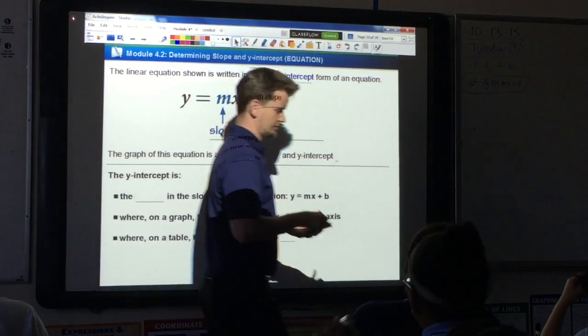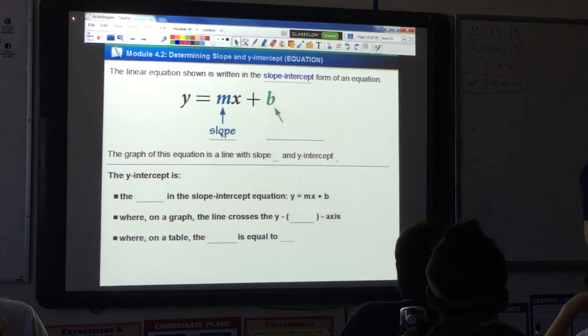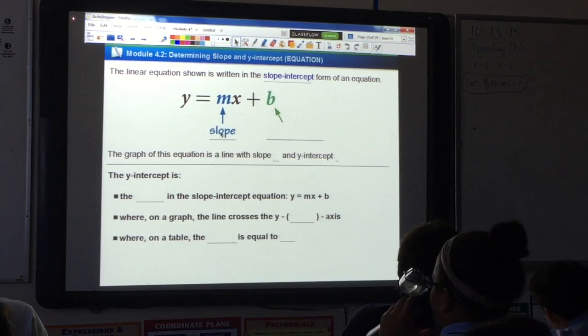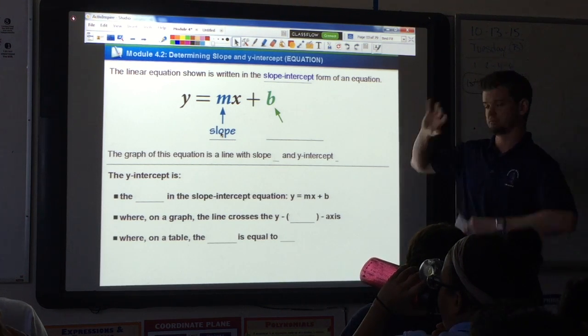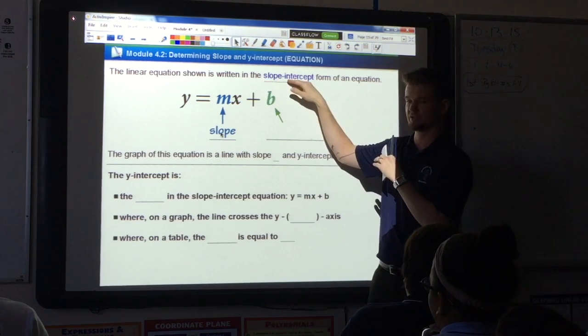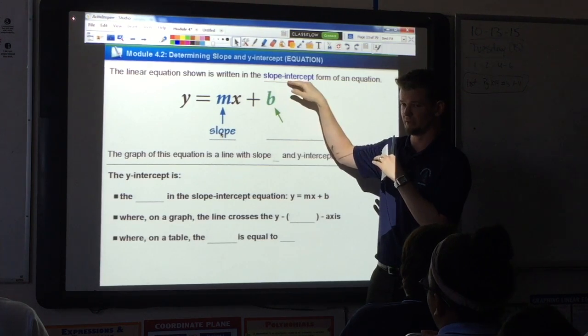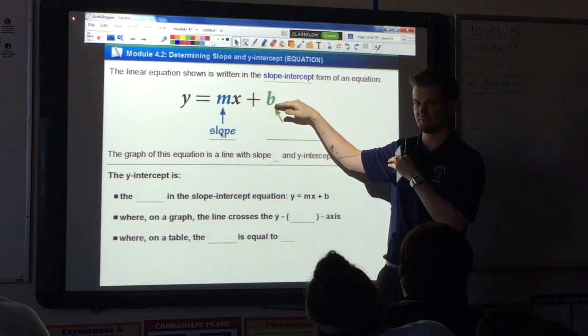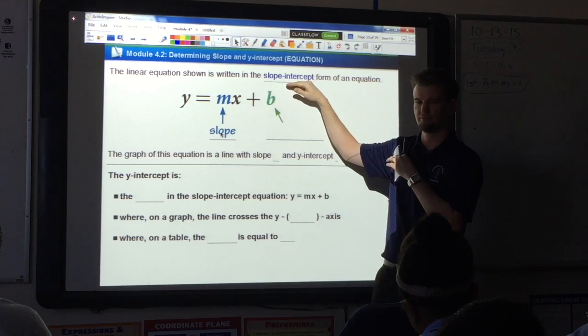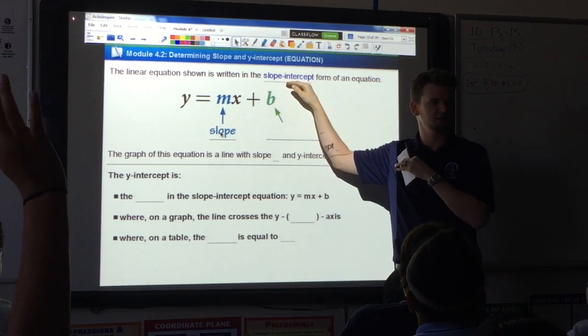If that's the slope, what does the letter b represent? Well, let's just think about it. This is the slope-intercept form. M is the slope, which means that this should represent some type of intercept. Anybody have an idea? We talked about it last time.